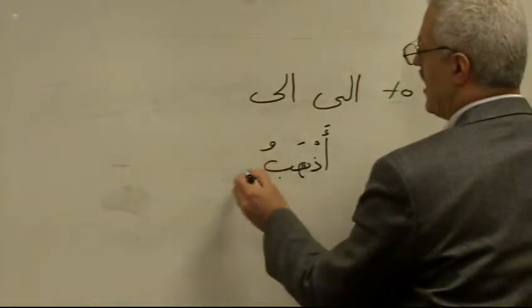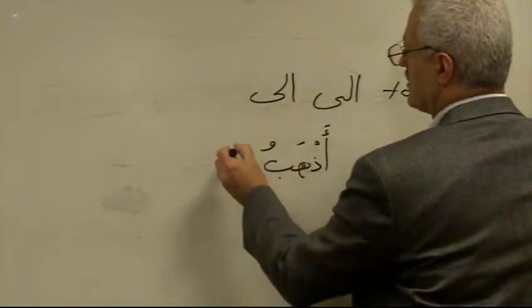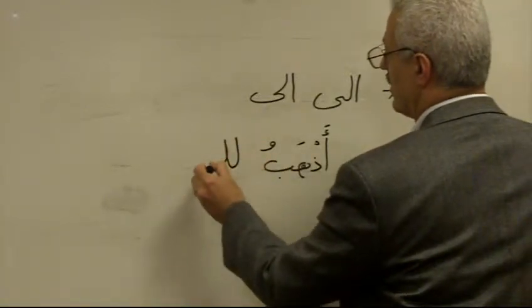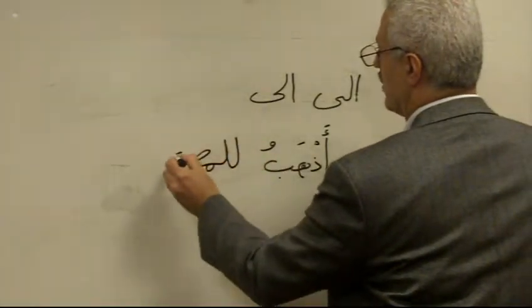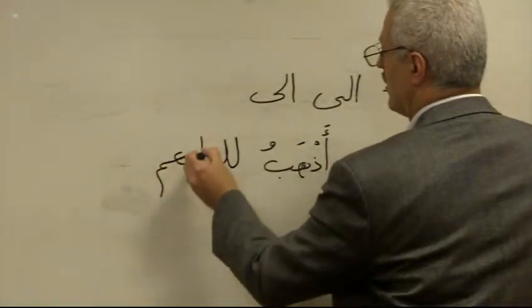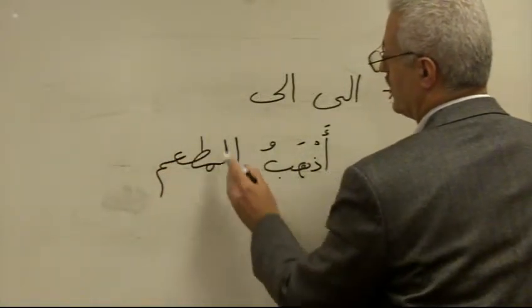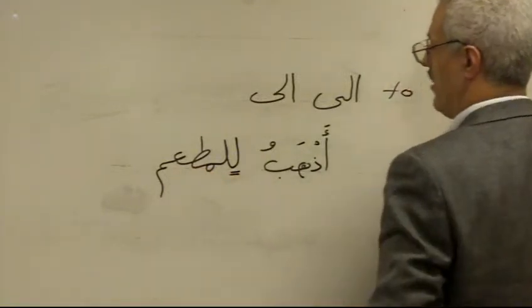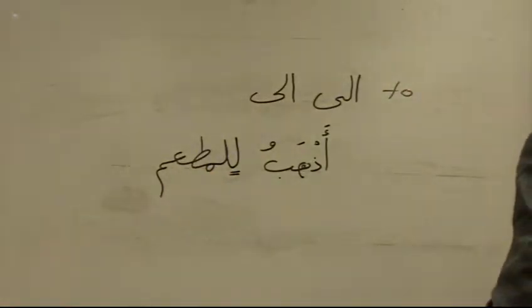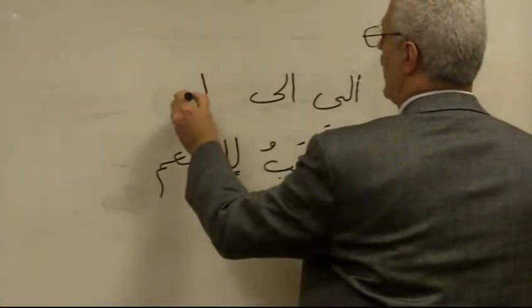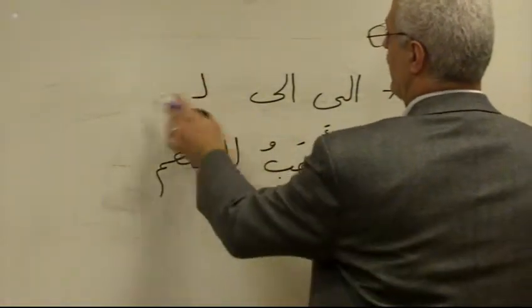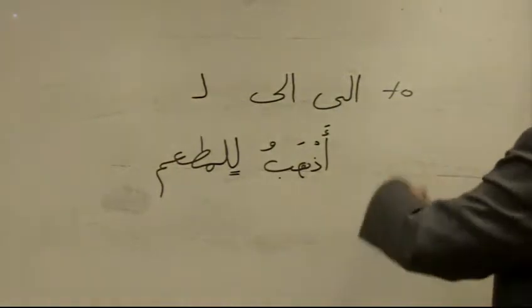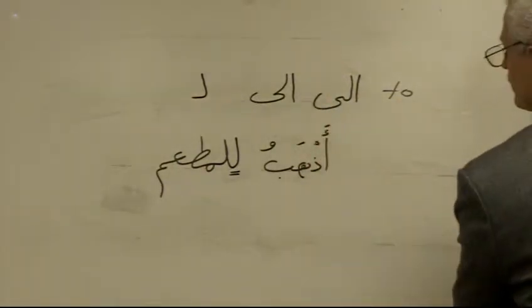So instead of saying إلى, you can say أذهب للمطعم. So you connect lam to the word and it becomes to the restaurant. So it's إلى or la. When connected to where you're going, it means to.